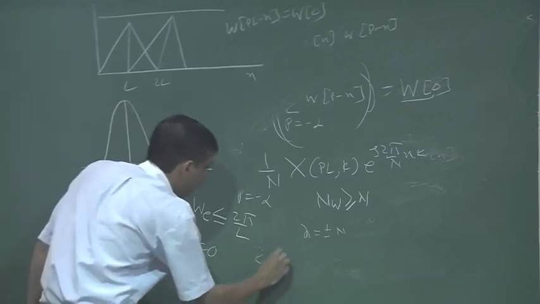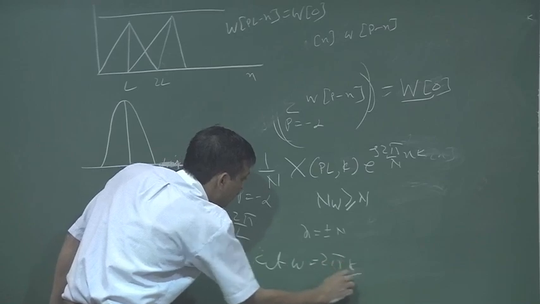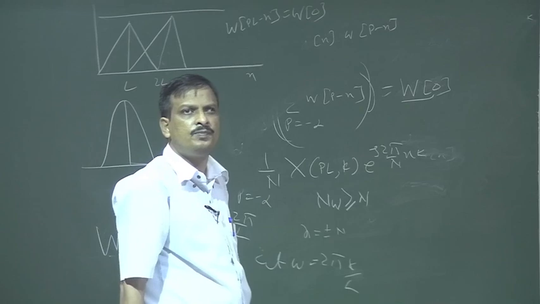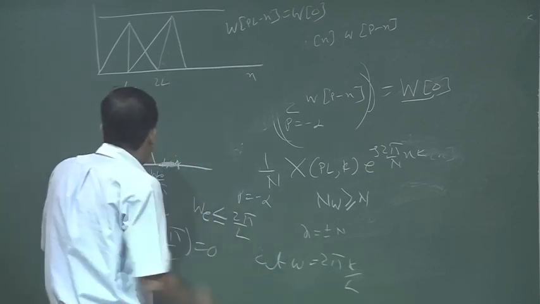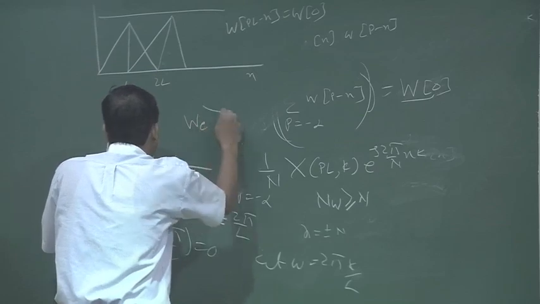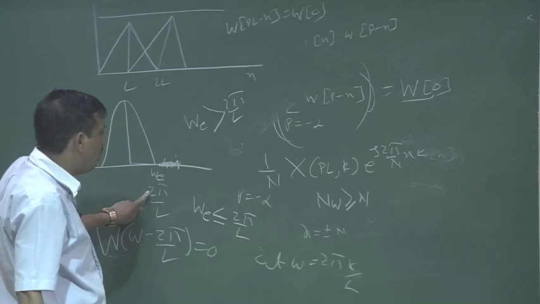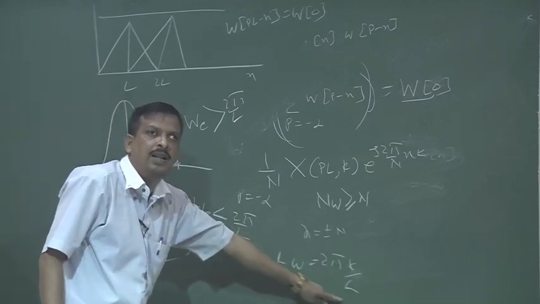At omega equal to 2 pi k by L, it must be 0. It doesn't matter if omega c is greater than 2 pi by L, I have to ensure that at every omega equal to 2 pi k by L it should be 0.